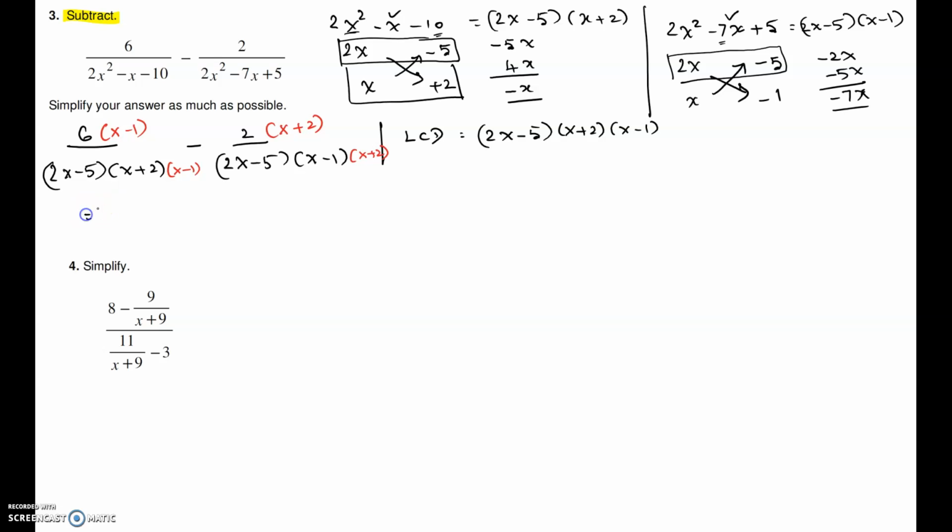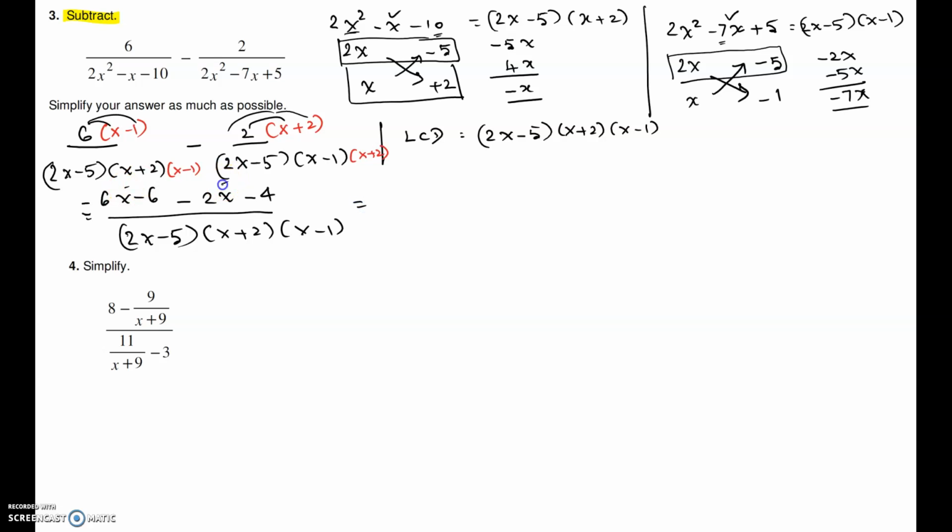Now we have made the denominators equal. Now simplify the numerator. So distribute. That is going to be 6x minus 6 minus 2x minus 2 times positive 2, that will be a negative 4. Now you divide by the LCD, which is 2x minus 5 times x plus 2 times x minus 1.